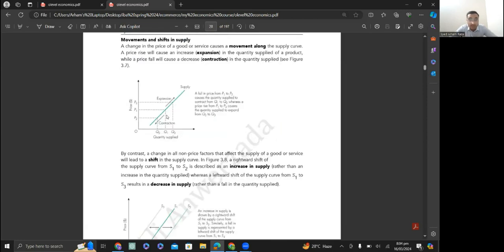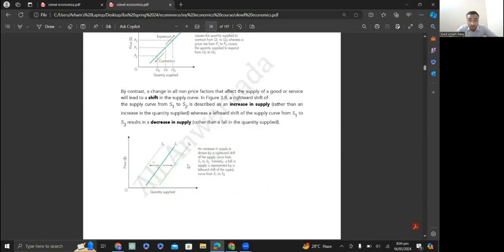Now, like in the demand curve, there can be a movement along the supply curve. If the price of the good increases, the supplier will expand their supply. On the other hand, if the price of the good falls, the supplier will contract their supply, as I mentioned earlier, due to the incentive of revenue maximization and also to maximize their profit.